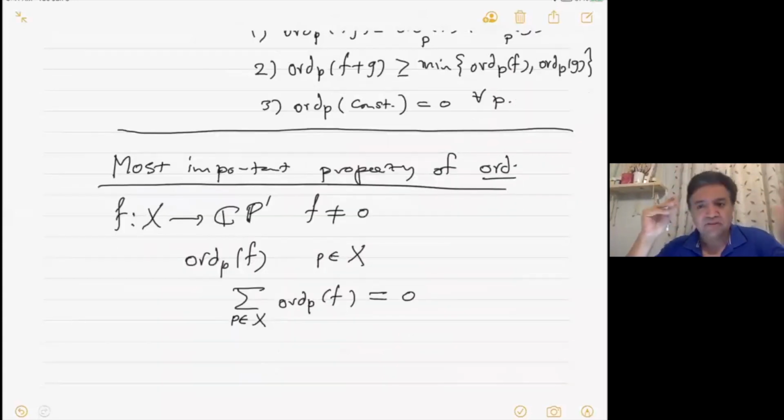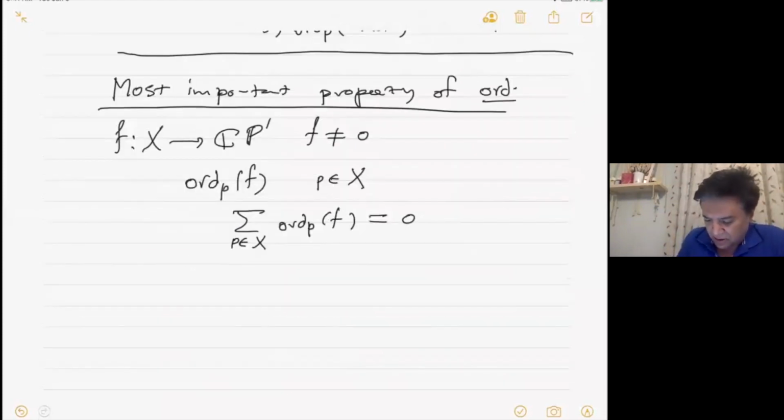And there are different reasons for this fact. I can tell you an analytic reason why this should be true, and I can also tell you an algebraic reason. The analytic reason comes from the Cauchy integration formula.